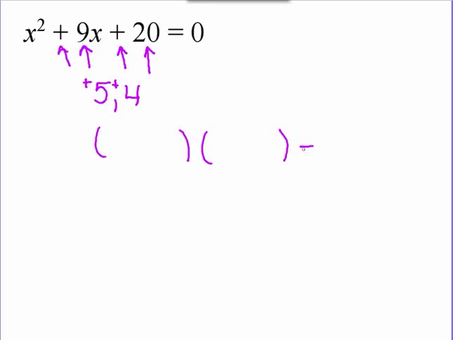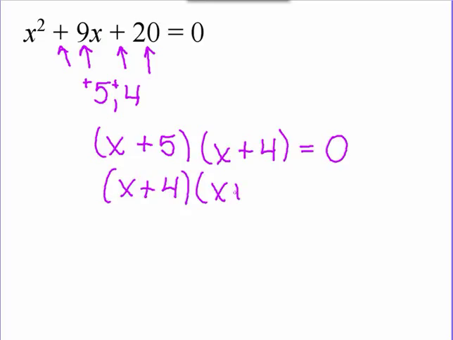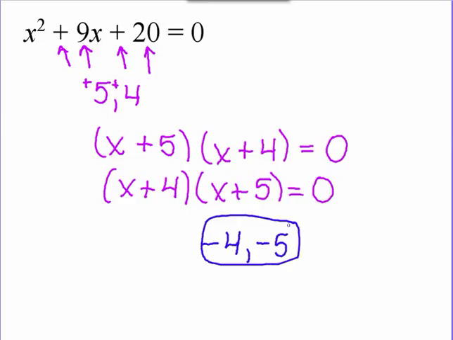The first in each quantity will be x. The next will be a positive 5 and a positive 4. Some of you might have written it this way, and that's fine. That is perfectly correct. It doesn't have to be in any order. Your 2 solutions should have been negative 4 and negative 5. Nice job.